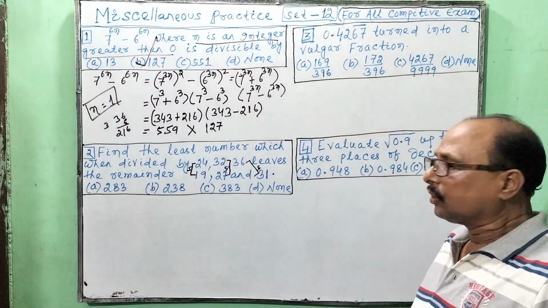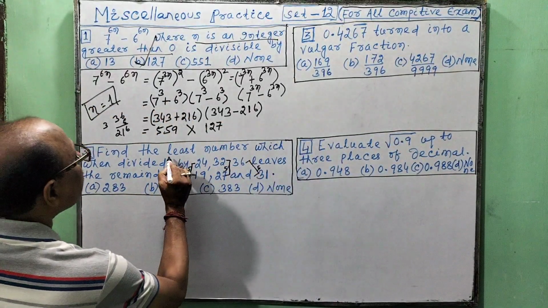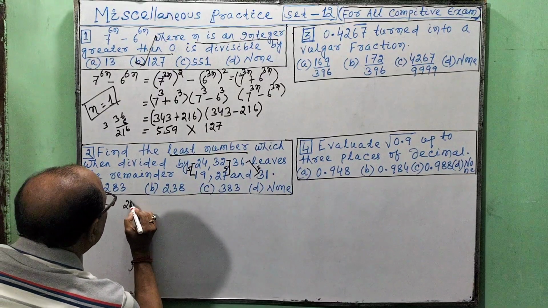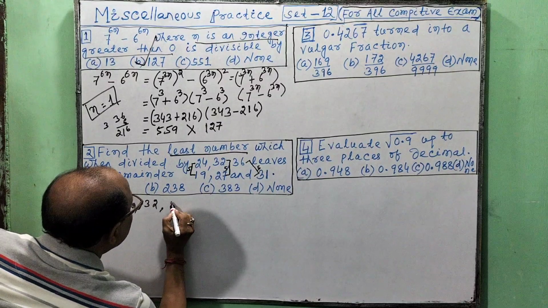So we first have to find the LCM, because least number means LCM. LCM of 24, 32, 36.